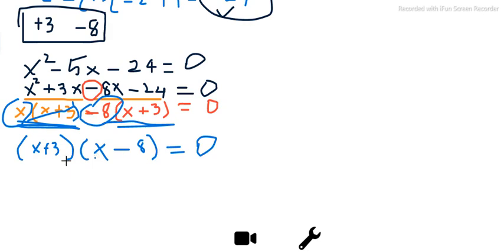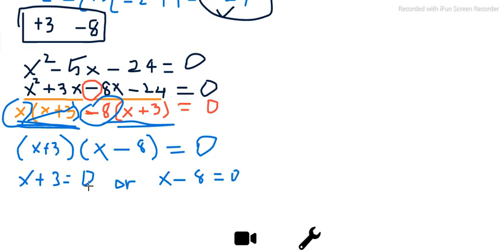So you now split each of the brackets. So the first bracket is x plus 3 equals to 0, or x minus 8 equals to 0. This is a linear equation.